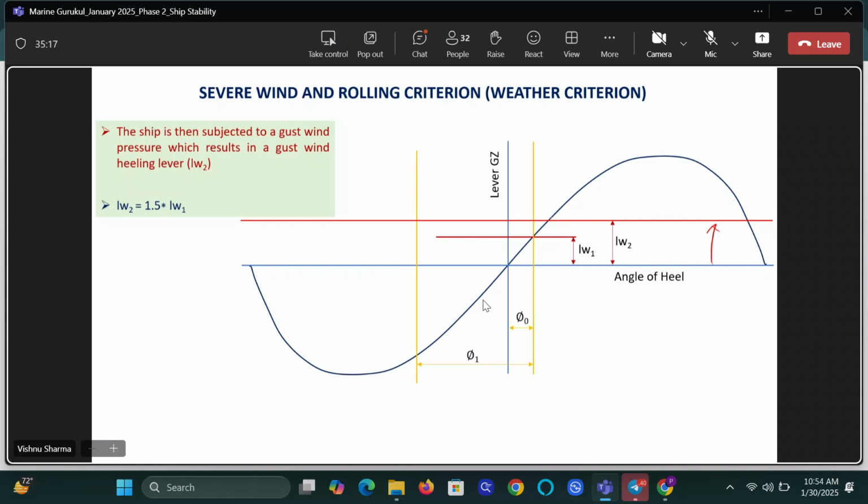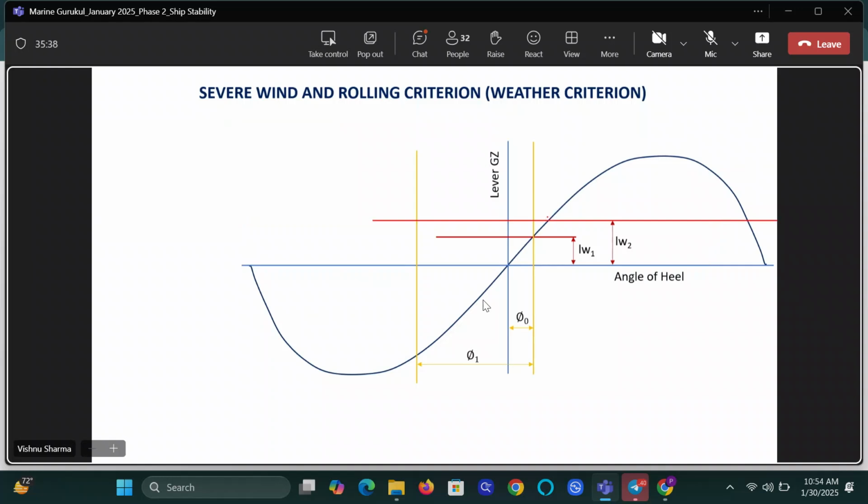Because of the gusty wind, this will be the new angle of heel, but the vessel will not come and stop there. She will have some energy in it. Dynamical stability will represent that work done, which will try to heel her more. So, which area will represent the dynamical stability of the vessel at this time?